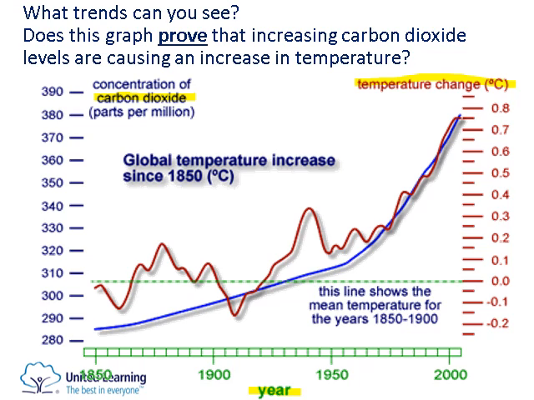So we could probably say that carbon dioxide is causing it. However, because both lines aren't exactly the same, it's difficult to prove that carbon dioxide is causing the global temperature increase, because it fluctuates so much. We can state that they are related and that there may be a relationship, but we can't prove it.